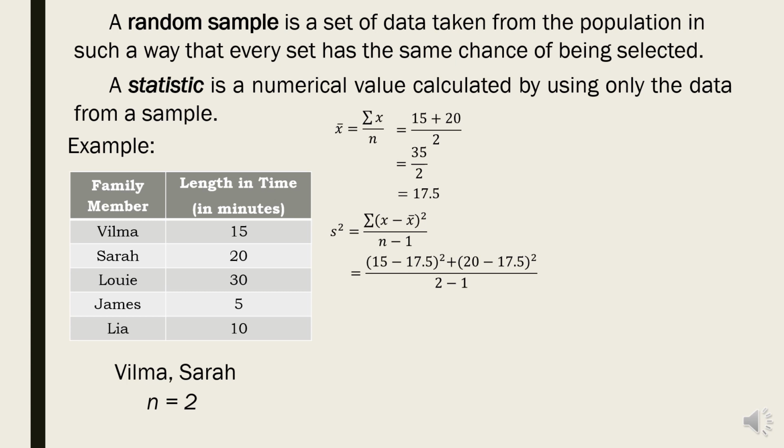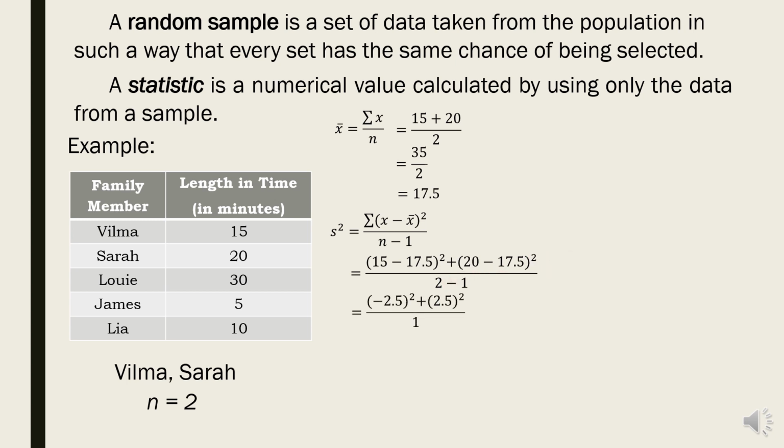So let us now substitute or compute the variance. Since there are only 2 samples, we will now use 15 minus 17.5 squared plus 20 minus 17.5 squared, all over 2 minus 1.